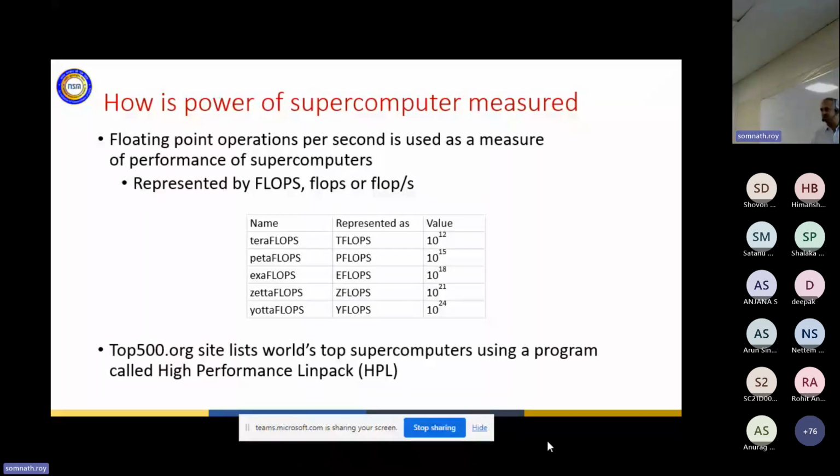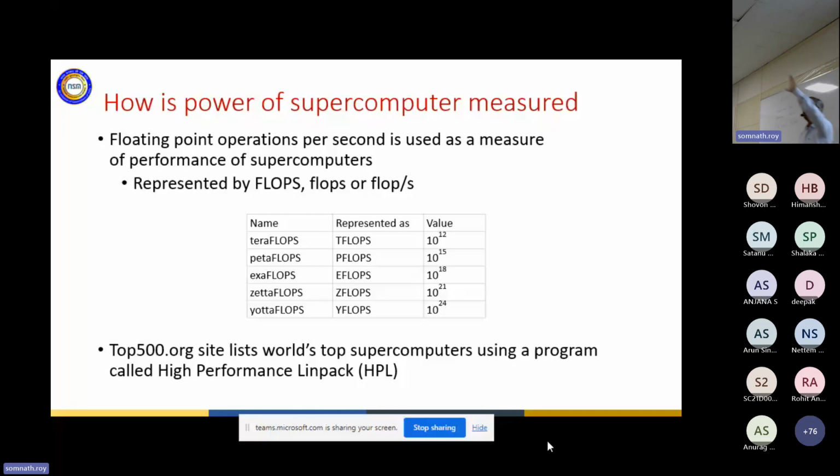There is one person by the name Jack Dongarra, and two more professors. Together they worked this out, and for the past 25 years we have been using the same code to rate systems. The top 500 list is made using it. Once you run it, you can tune it to your architecture, and it may run for 1 day, 2 days, 3 days, depending on how big the computing system is.